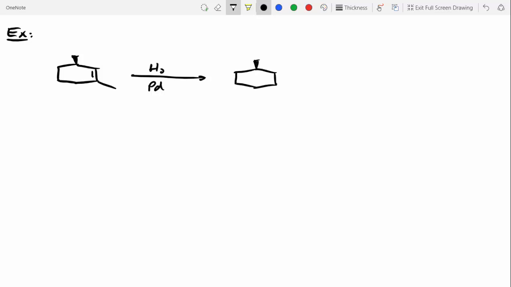Let's draw out the two products we would get from this reaction. This top methyl group was untouched. It's not on that alkene. But we could have one product where our hydrogens add in as wedges, meaning these methyl groups will be dashes. Or, shoot, the methyl group's down here. Or we could have one where those two hydrogens add in as dashes.